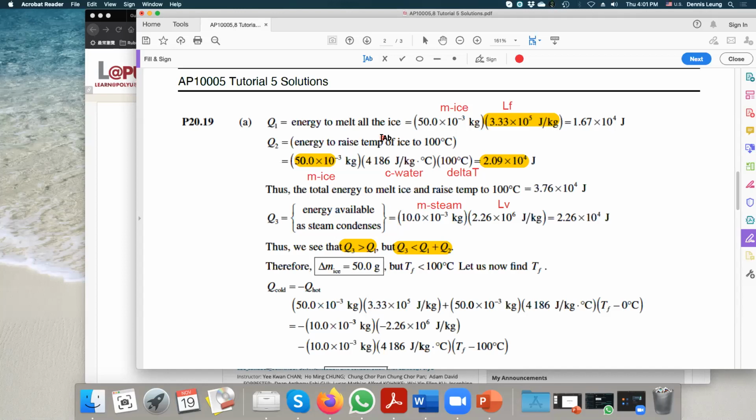You cannot just melt some of the ice and let those ice turn into steam, and the remaining part stay as ice or water, because you are required to reach a thermal equilibrium. Otherwise, the calculation would be kind of meaningless, because it's in the middle of the situation.